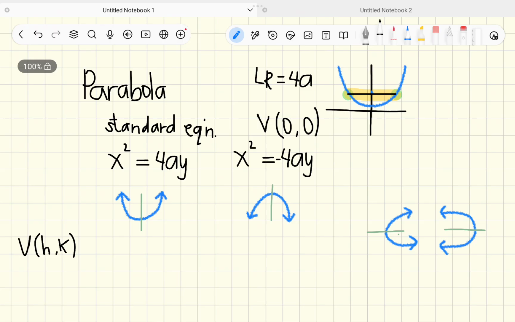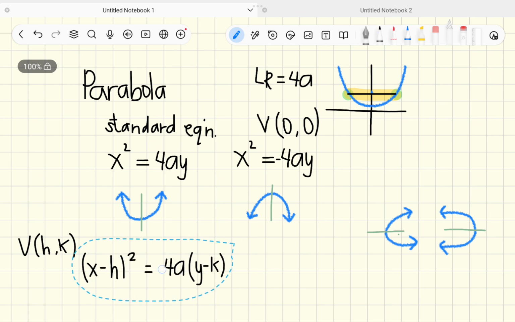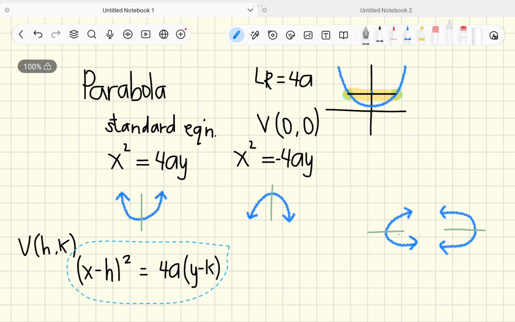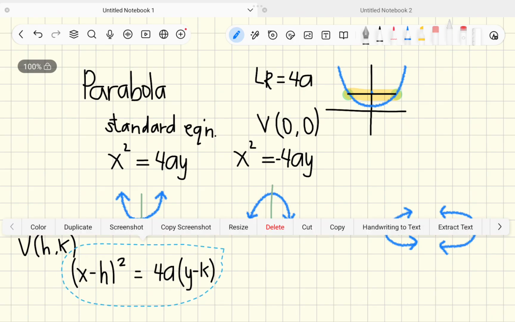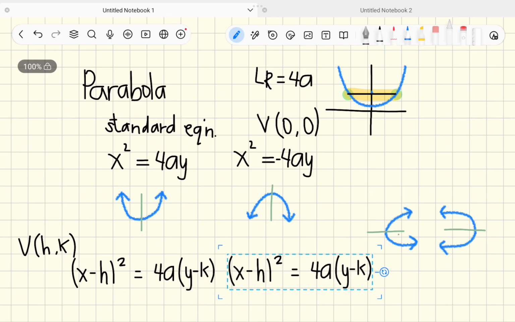Just like the other conic sections, the equation will be (x minus h) squared equals, if it's facing upwards, positive 4a times (y minus k). That will be the standard equation. Likewise, if it's facing downward, then this will be negative 4a times (y minus k).